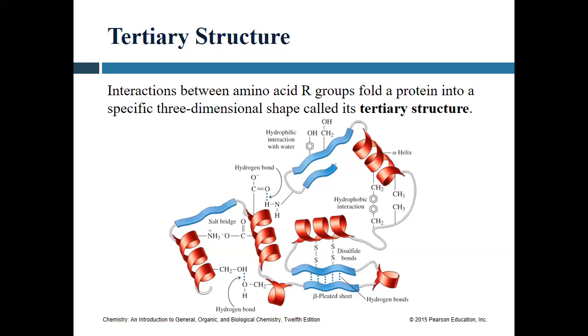So all of these different kinds of interactions, not just polar versus non-polar, but also real life bonding, all of those can convert that secondary structure where we saw different parts of the protein arranging themselves into these helices or these sheets. So now we've got a more complex three-dimensional structure. And that's what the tertiary structure is. Here's where we've got kind of the final form of this particular protein.